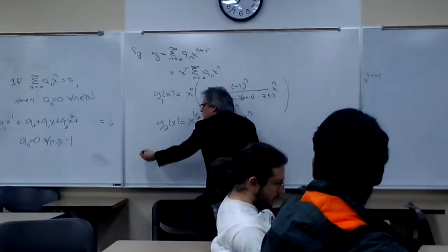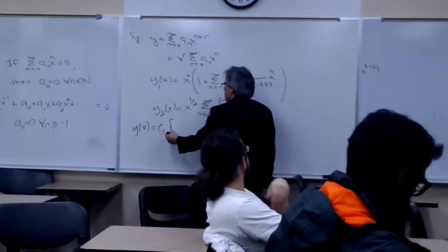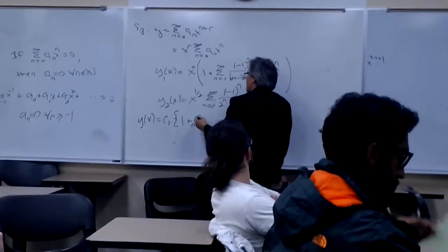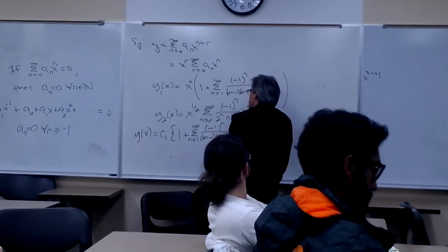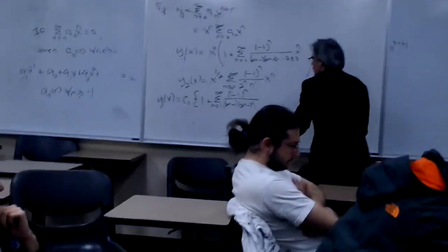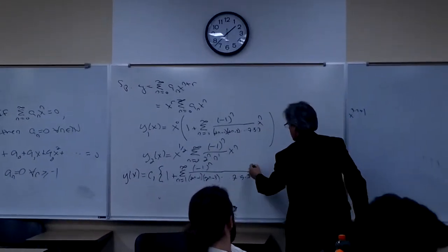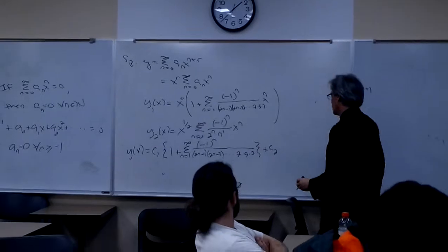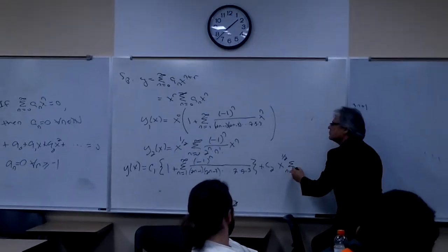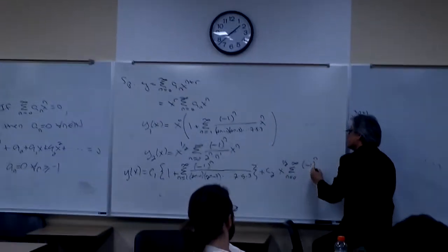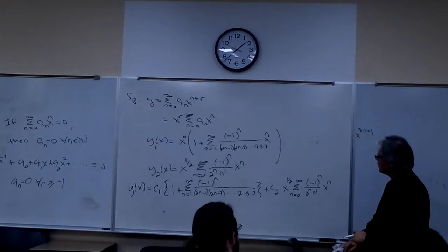But you guys agree, all solutions are going to be of the form C1 times x to the 1 plus this sum, plus C2 times x to the 1 half times this sum. You guys happy?